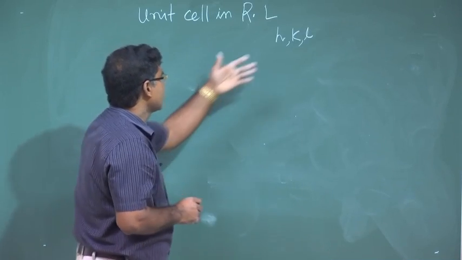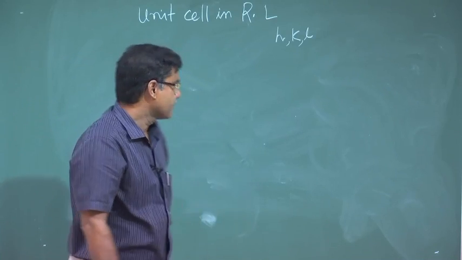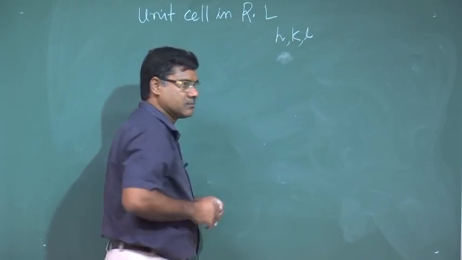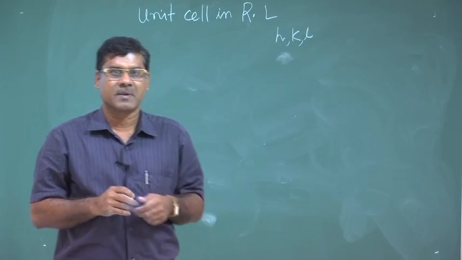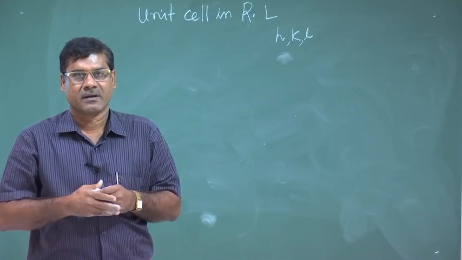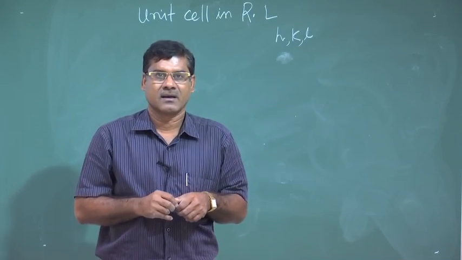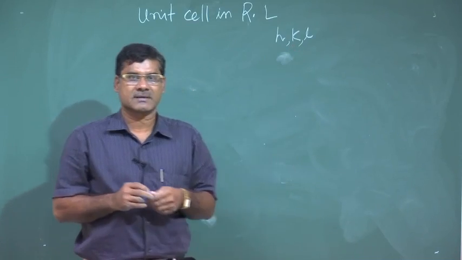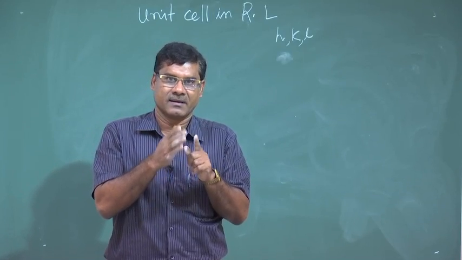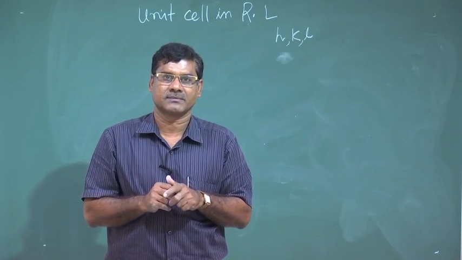So I have written the HKL parameter, but in reciprocal lattice it is better to write n with this coordinate, because HKL is nothing but Miller indices, and as you know, in Miller indices we have removed the common factor. But in reciprocal lattice the common factor has importance, because the distance is just the inverse or reciprocal, right.